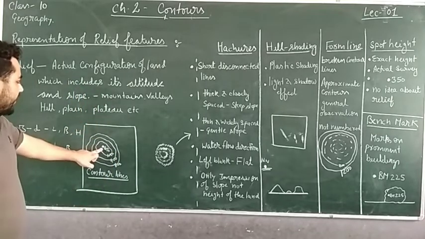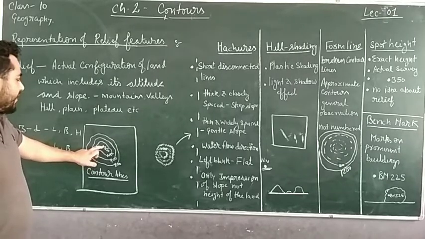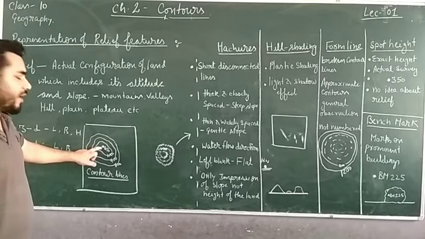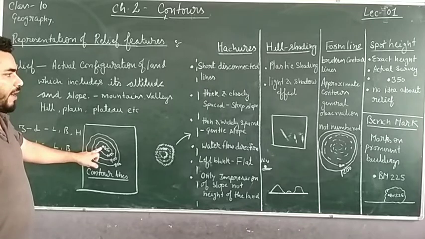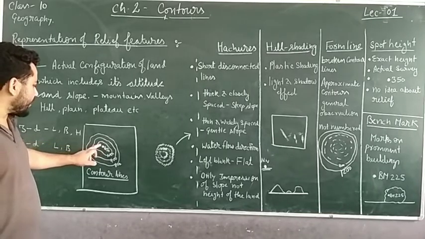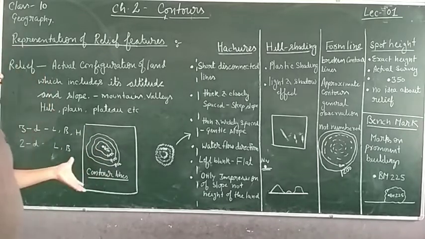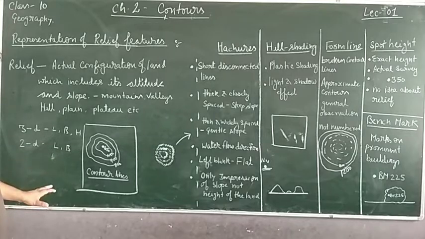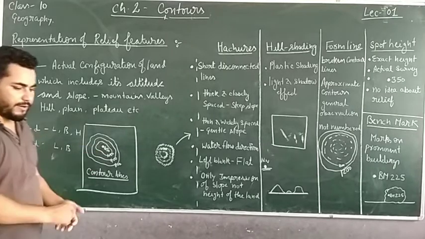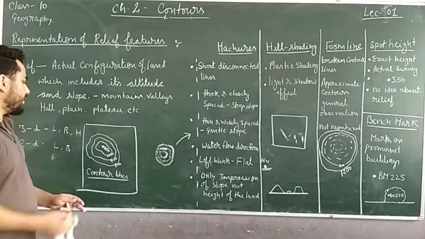So it means that this is the height of this particular spot, and it is the exact height of this spot, and this height is based on the actual survey, right? And as it is in between the contour lines, it gives us an idea about the relief. But suppose if no contour line is there, only this spot height is there, then it will not give us an exact idea.